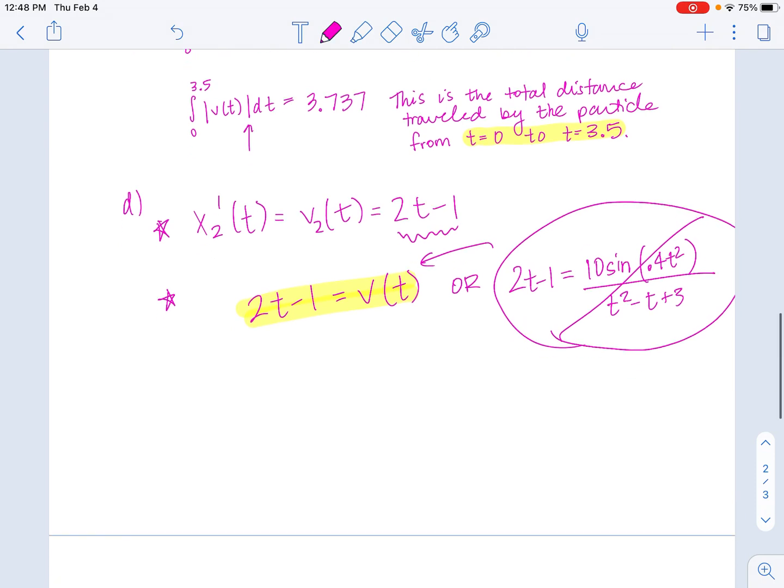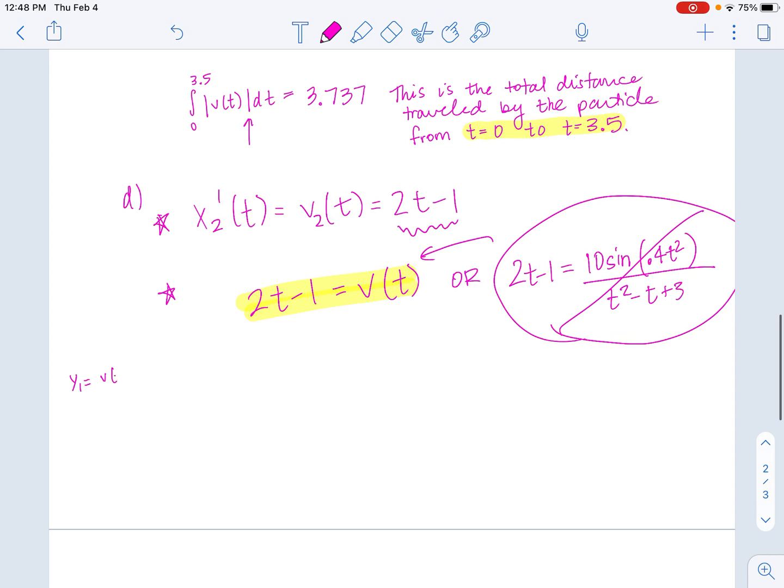So you wouldn't show this work, but for the purpose of the notes, I have to tell you how to do it. So y1 is that function that they gave us. So that's v of t. And then in y2 we are going to type in 2t minus 1. And then your job is to find the intersection. And again, you're only looking in 0 to 3.5.